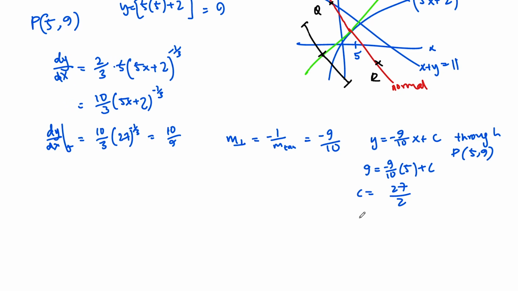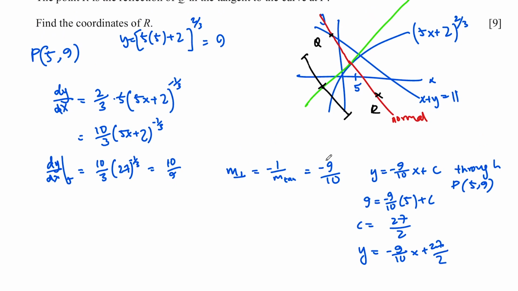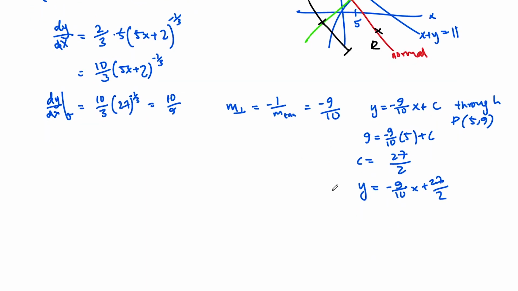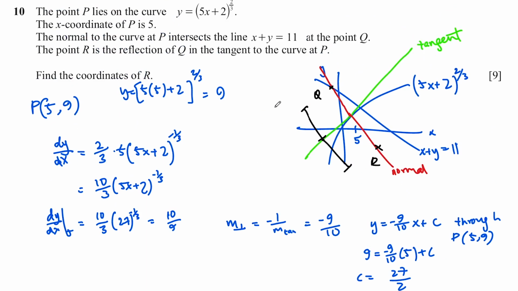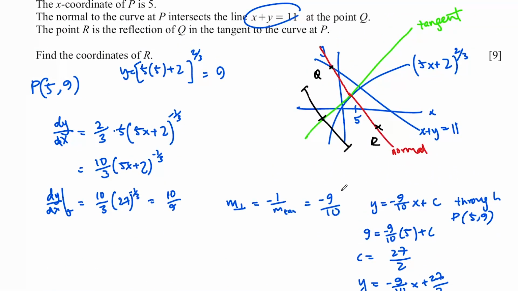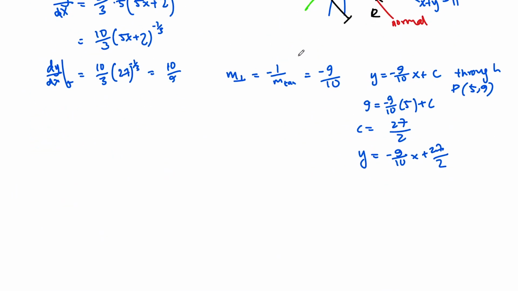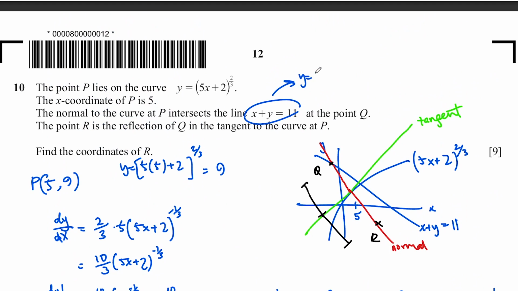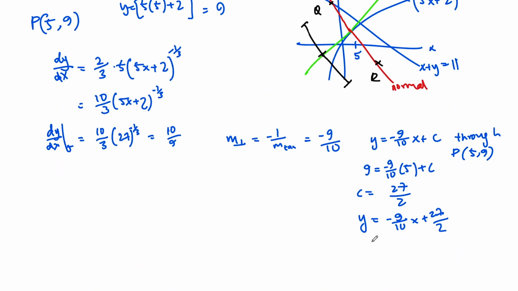This will be the equation of our normal line. With this we can try and find our point Q by equating it to this line here. If we rearrange this, 11 minus x, we equate this to 11 minus x.